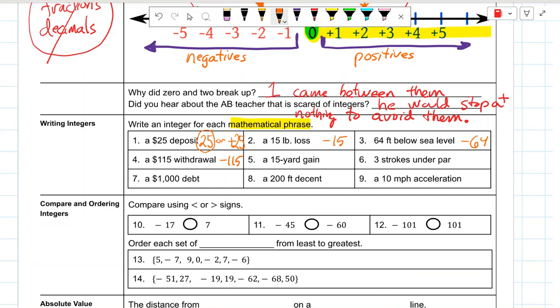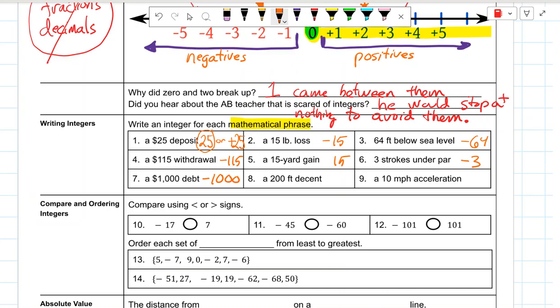Number 5, a 15-yard gain. That sounds like football, and that would be a positive. Now for a golf question. Number 6, 3 strokes under par. That is negative 3. And number 7, $1,000 debt. Well, that's definitely negative. That's negative 1,000.